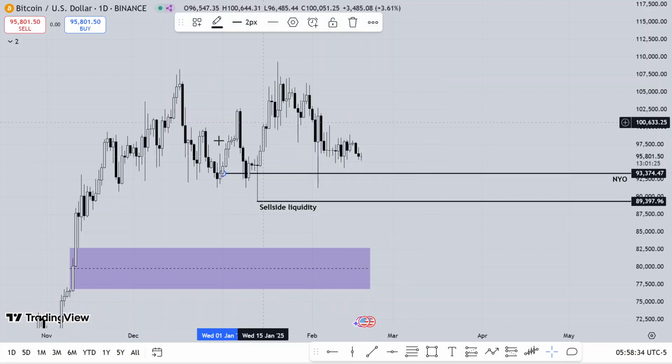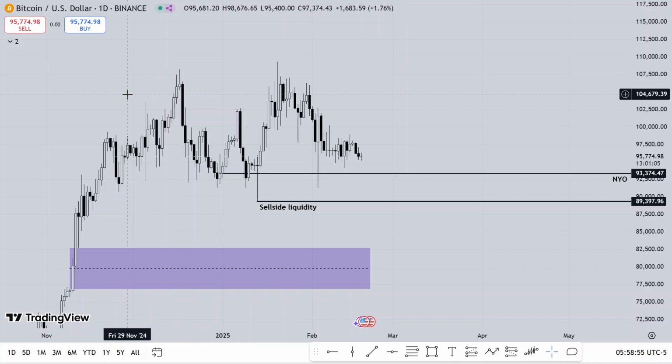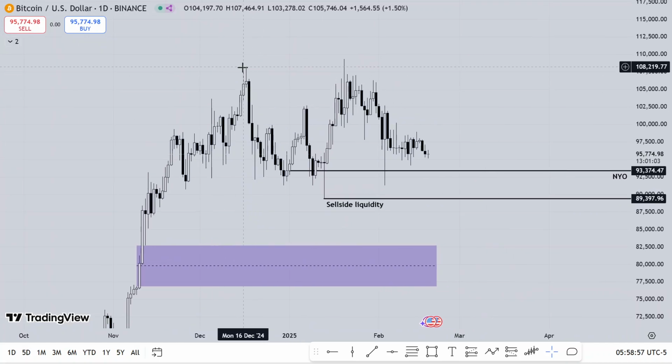New Year's opening here, and we engineered liquidity on both sides of the market, on the sell side and on the buy side, and price traded higher to neutralize these buy stops and also the buy stops resting above this liquidity pool, because this was our previous all-time high before this current all-time high was created on the 20th of January.